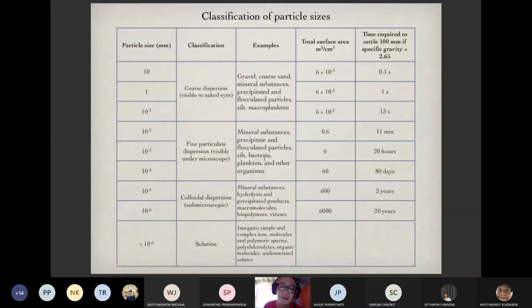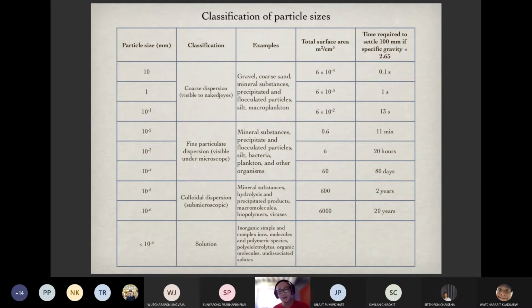For the gravel, coarse sands, and other substances, the size may range from 0.1 millimeters to probably 10 millimeters, or approximately 1 centimeter. Okay, so these we consider to be particles.